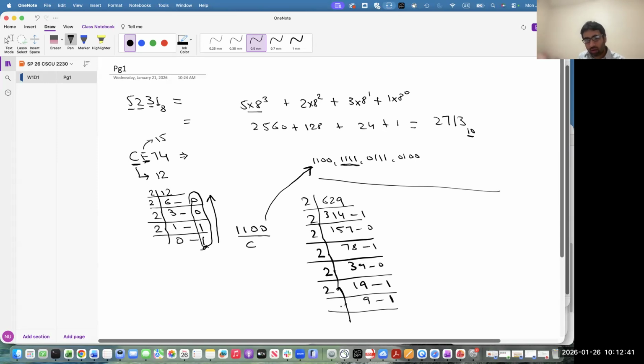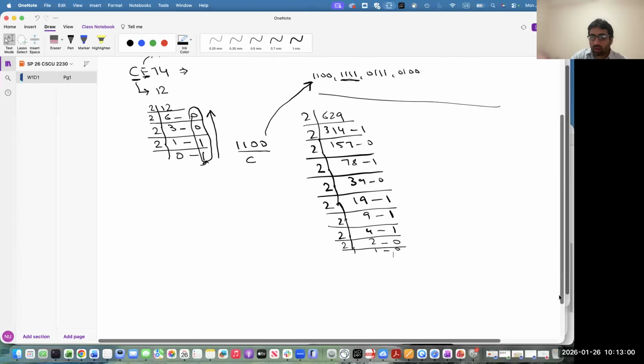And 4 and remainder of 1. And 2 and remainder of 0. And 1 and remainder of 0. And if I do it once more, 0 and remainder of 1.